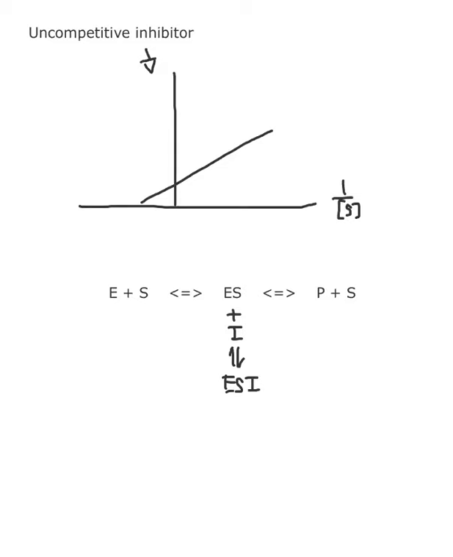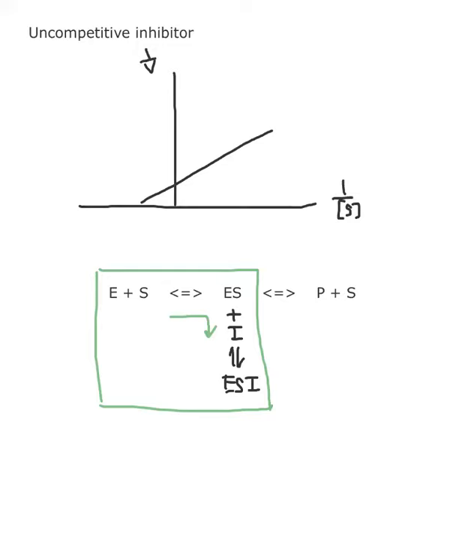And if you look at this reaction, you can see that uncompetitive inhibitor binding with the enzyme substrate complex would pull the equilibrium to the right.